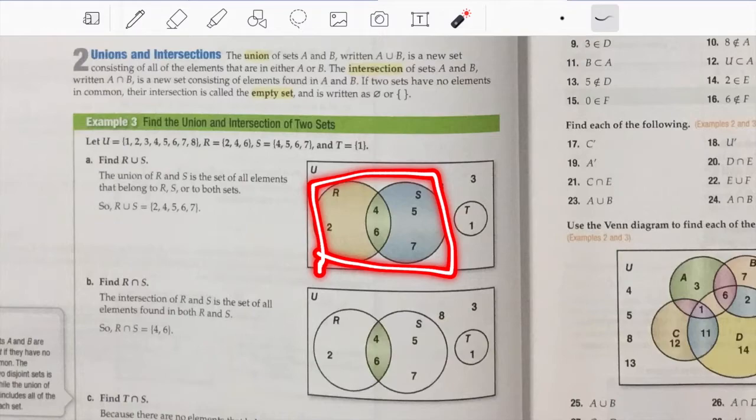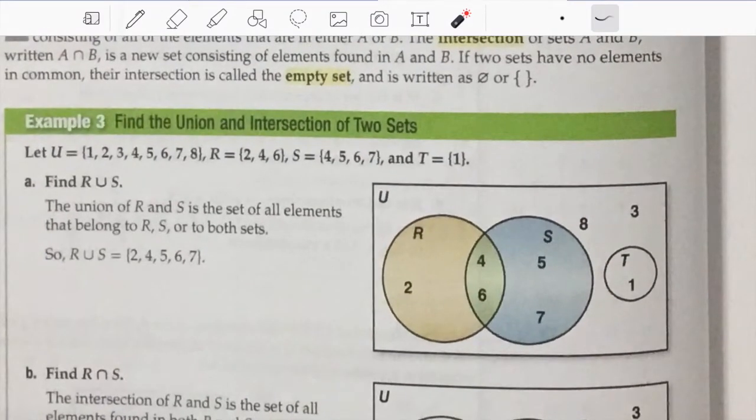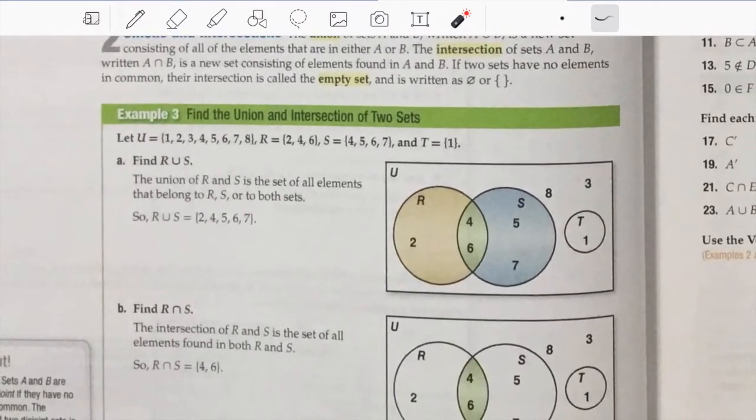So if you're looking at R and U, U has 1, 2, 3, 4, and R has 2, 4, 6. You don't write 1, 2, 2, 3, 4, 4, 5, 6, 6. You just write it one time: 1, 2, 3, 4, 5, 6, 7, 8, and so on. So it's just everything in both sets.